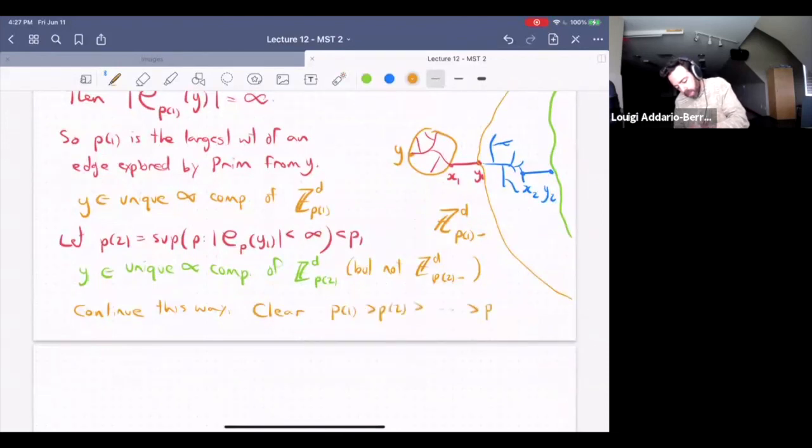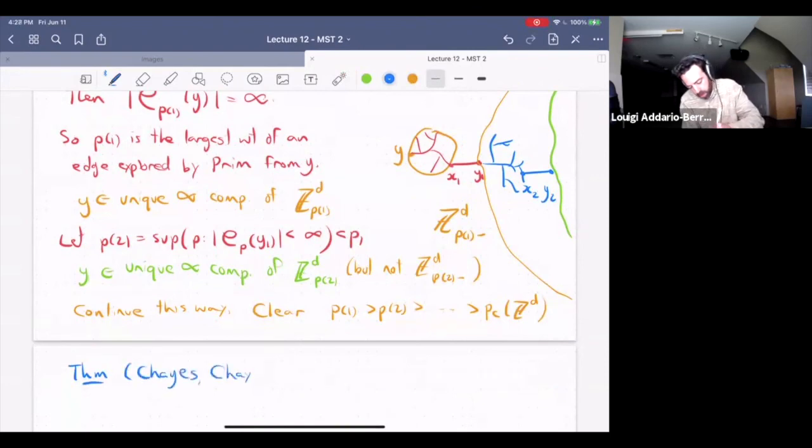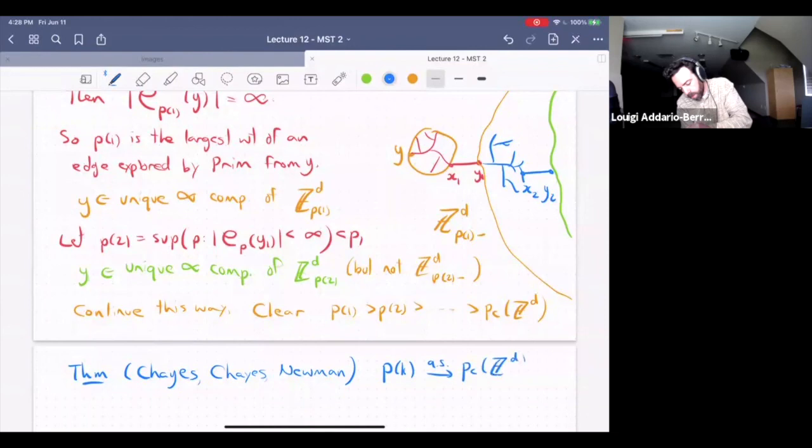No matter how long you go, you're going to stay bigger than the critical percolation probability. But in fact, it turns out, so this is another theorem of Chayes and Newman, that P_k converges almost surely to the critical probability, Pc. Okay.